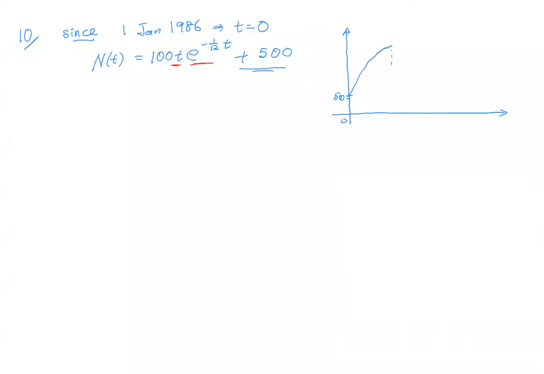At this point is the highest, and we remember the formula is 1 over b. So what is my b in this case? Negative 1 over 12? Are you sure? Wait, sorry, 1 over 12.